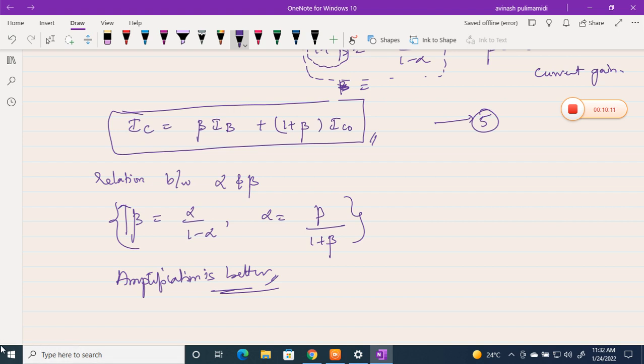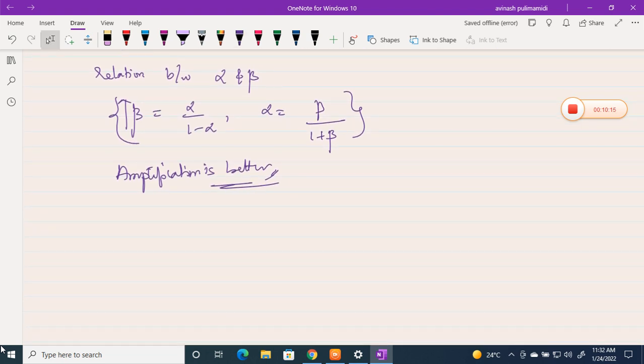You also have to learn a few more definitions. ICBO, or IC B naught, is the collector current when the emitter is open circuit.